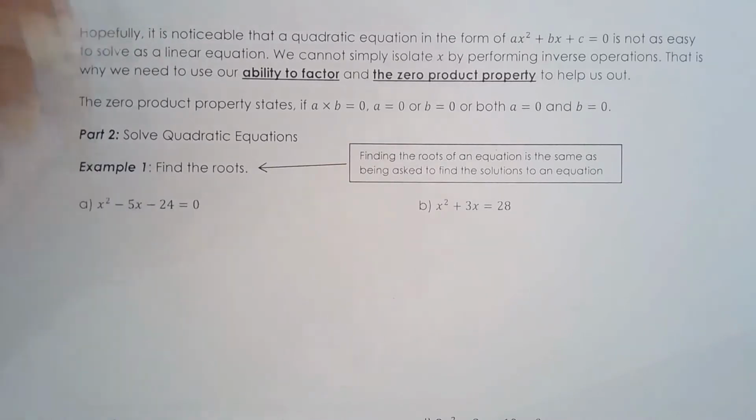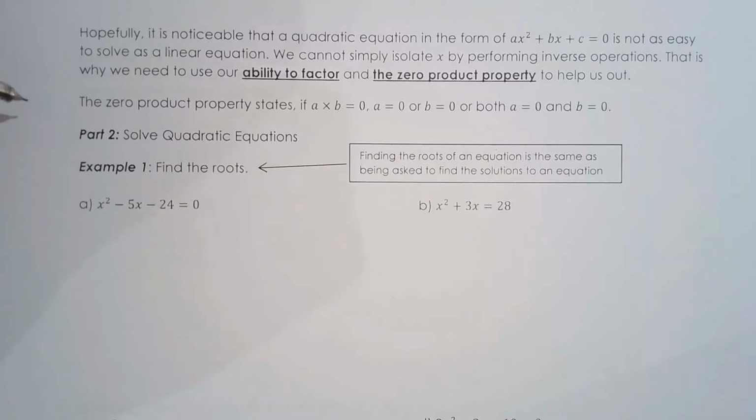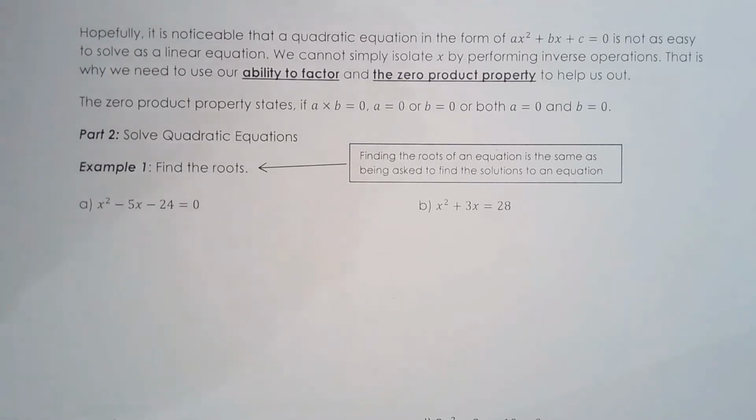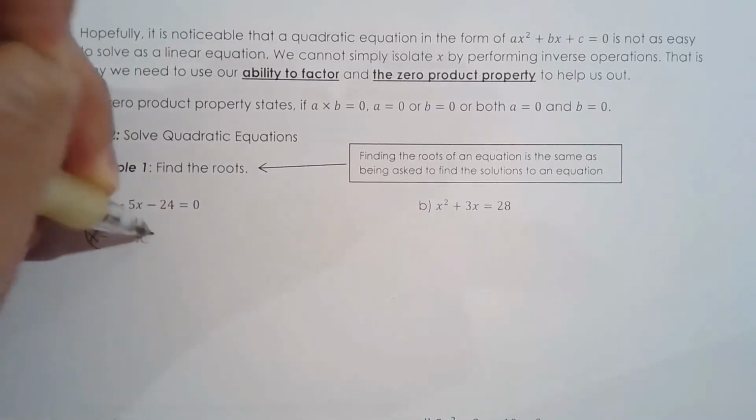x squared minus 5x minus 24. I can't tell you when the left side is equal to 0 right now, because it's a term minus another term minus another term. I can't answer that question. But if I express this as a product, x minus, simple trinomial, what multiplies to negative 24 and adds to negative 5?